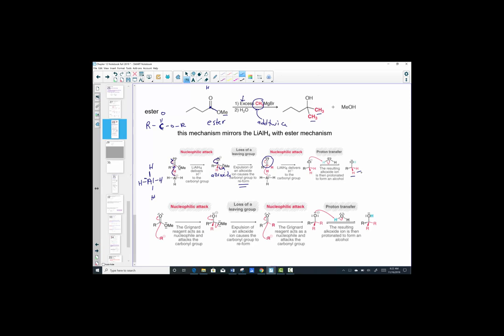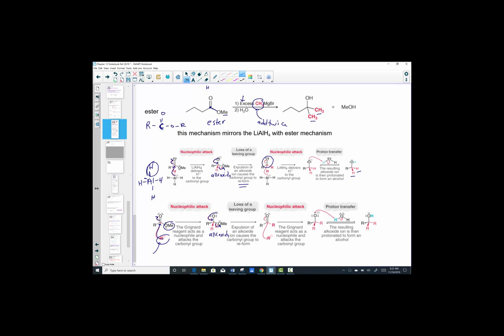When we compare that to an ester in a Grignard reagent, it's the exact same process, but instead of adding a hydrogen, we're going to add an R group. So step 1, you attack the electrophilic carbon, causing the double bond to collapse, and we form the alkoxide anion. So the job of the Grignard reagent is to initiate the collapse of the original pi bond in the ketone or the ester, forcing the alkoxide ion to form, which then recollapses the pi bond and expels the OMe, this portion of the ester.